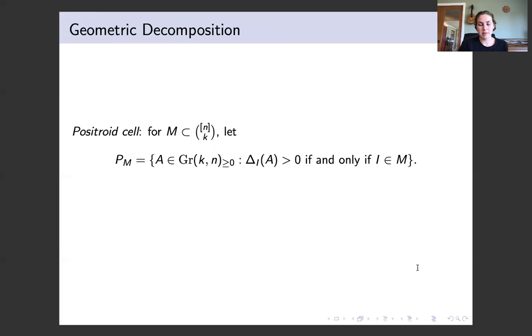So each element I in M is a subset of size k. Then the positroid cell associated with this subset M is the set of all matrices in the totally non-negative Grassmannian that have positive Plücker coordinates in the column set I if and only if I is in M. So all other Plücker coordinates are equal to 0.